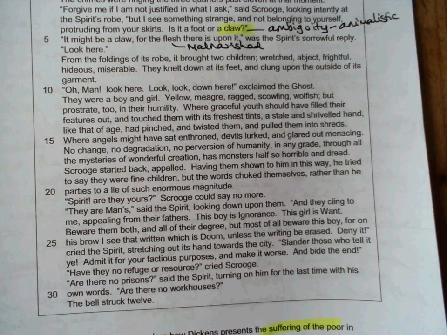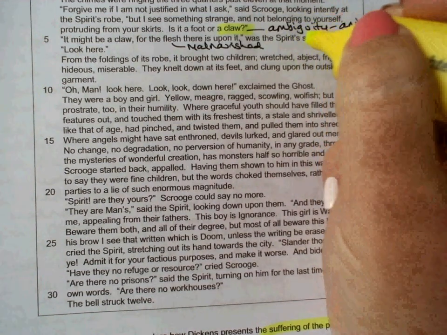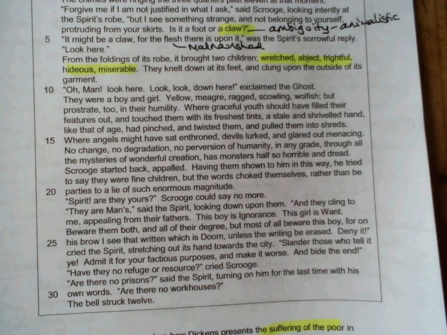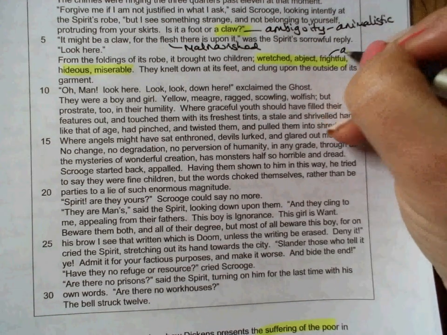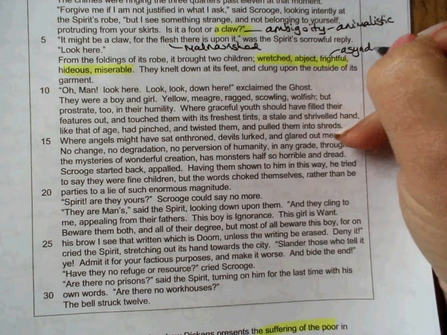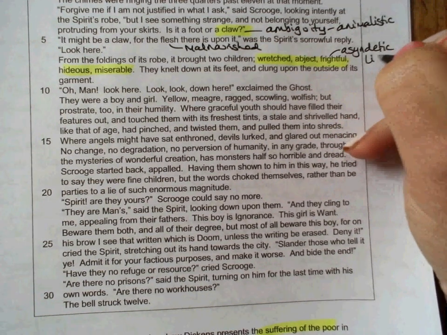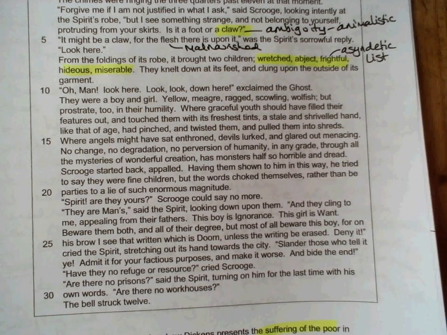So let's then look at the description of these children: wretched, abject, frightful, hideous, miserable. What we get here structurally is an asyndetic list. An asyndetic list uses commas rather than conjunctions, and it can sometimes have the effect of building meaning or emphasizing something.